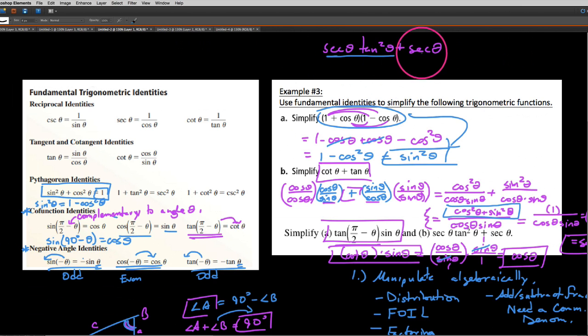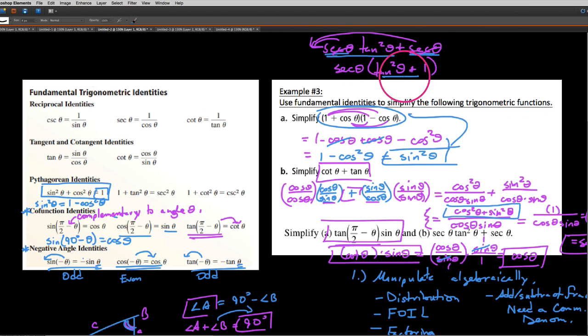But what I do notice is that when you look at this term here that I'm adding to this term, they both have a common factor of the secant of theta. So what we're going to do is factor out the secant of theta, we'll take it out in front, and what we get left with on the inside would then just be tangent squared of theta from this term plus now, and we have to put a placeholder here, so we say plus 1. You can see that if we distributed the secant through again, we get the original expression.